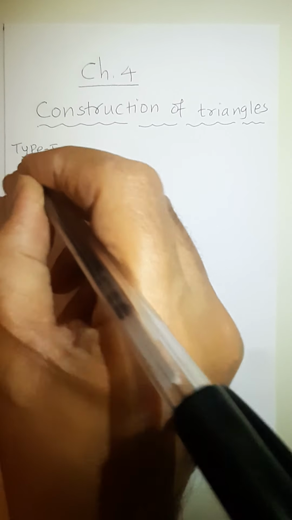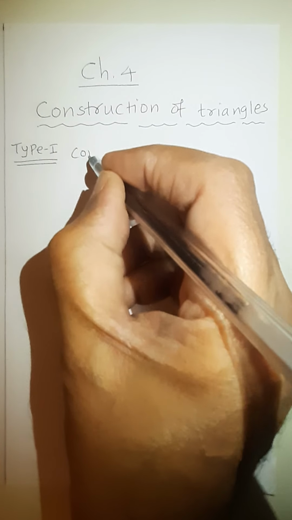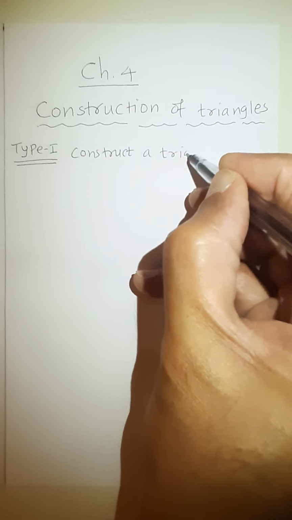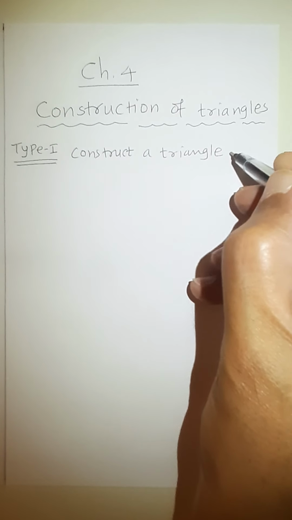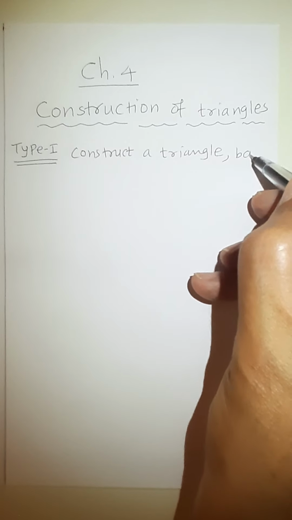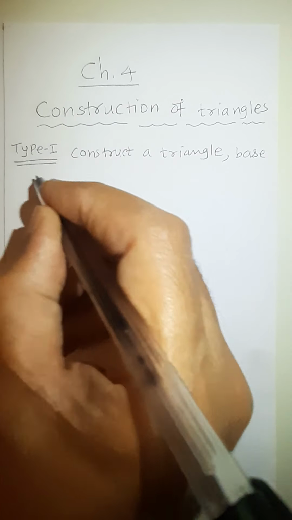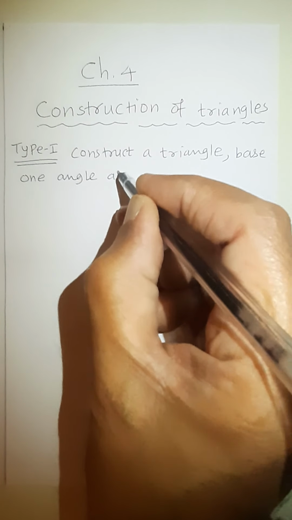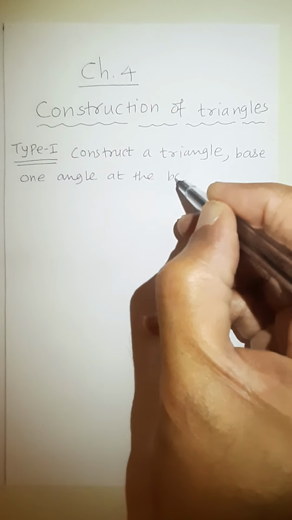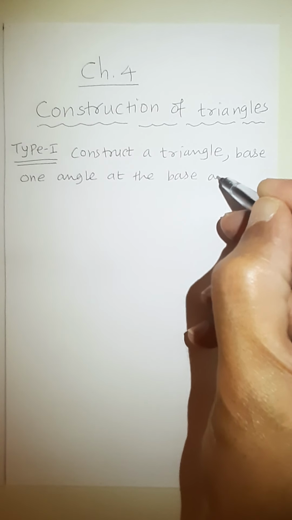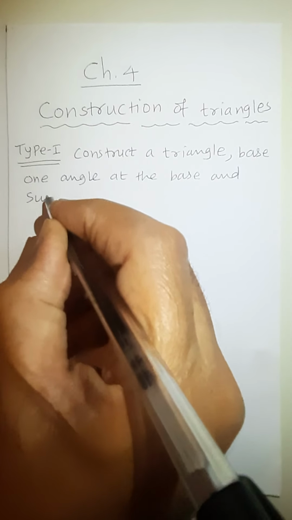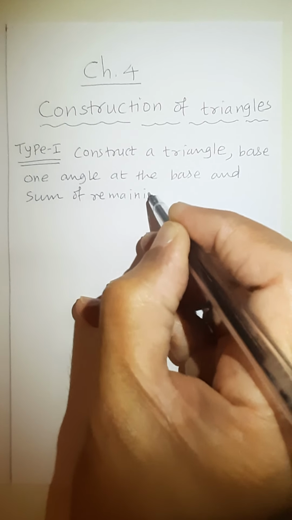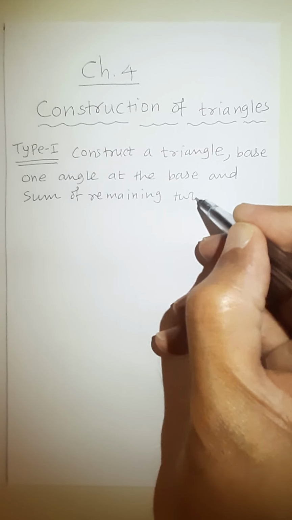In the first type of construction we have to construct a triangle in which the base is given, one angle at the base, and the sum of the remaining two sides is given.